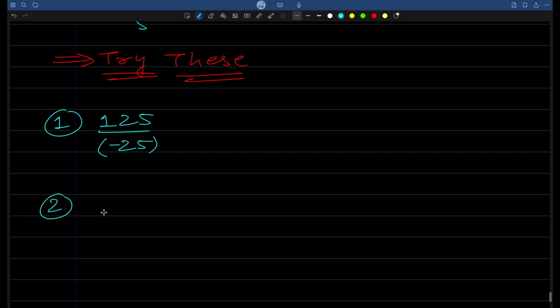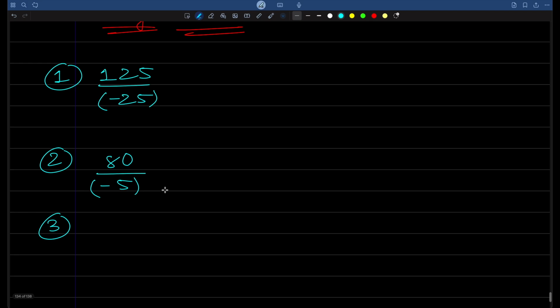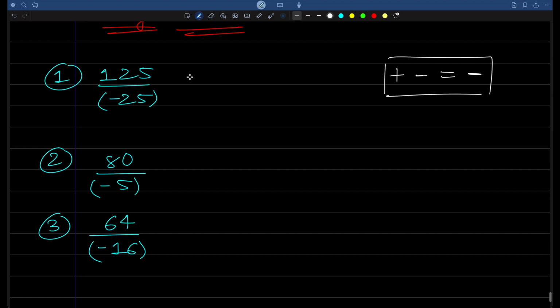Then we have 80 divided by minus 5. And third, we have 64 divided by minus 16. If we observe, we have positive in the numerator, negative in the denominator. So we get plus into minus as minus. So all the answers are negative.